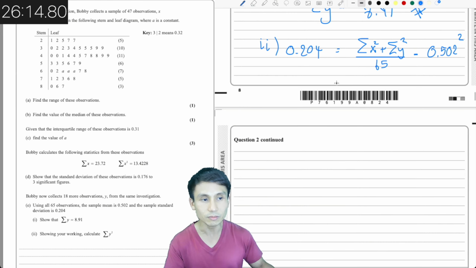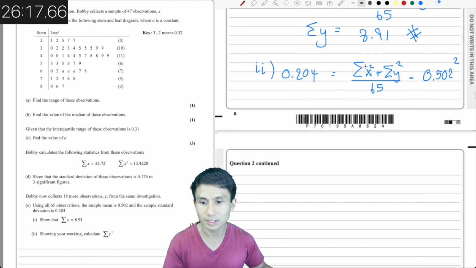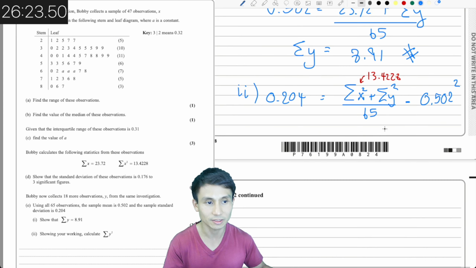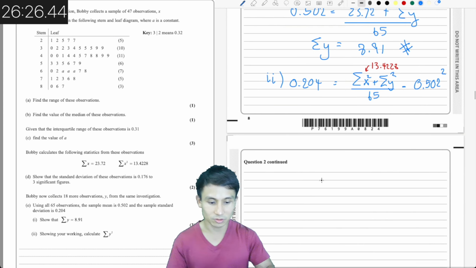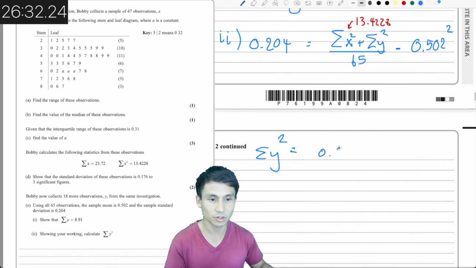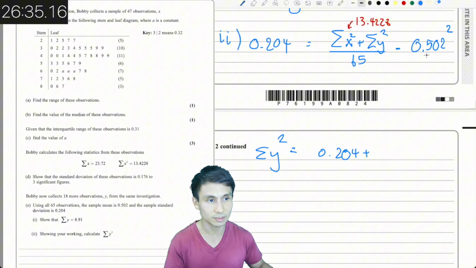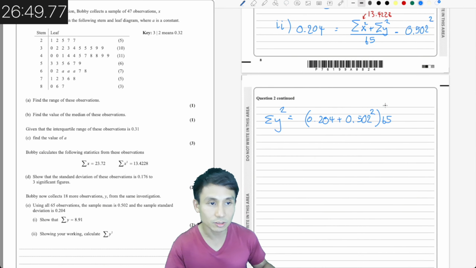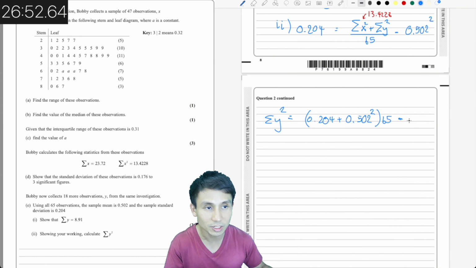Now we also know that the sum of x squared is 13.4228. We're given that in the question. So to solve for sigma y squared in this case, it is 0.204 plus this thing, 0.5202 squared, and then multiply by 65, and then subtract the sigma x squared, 13.4228.